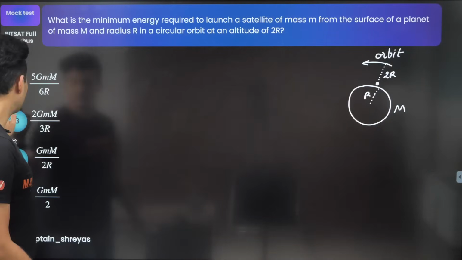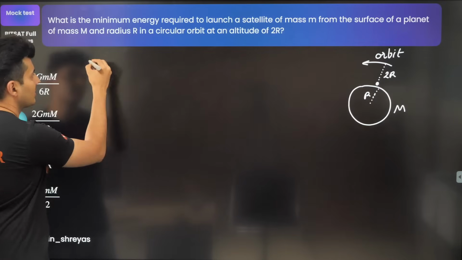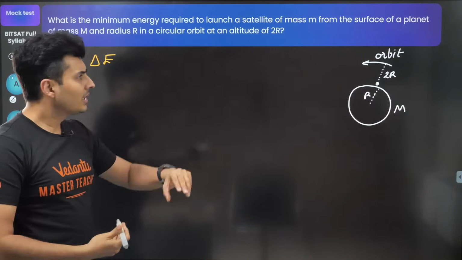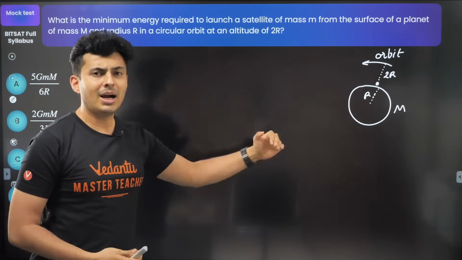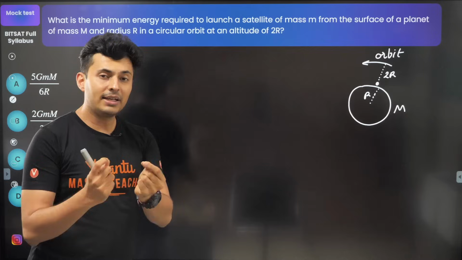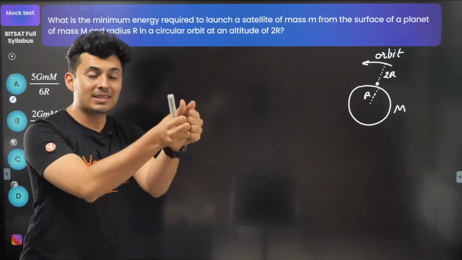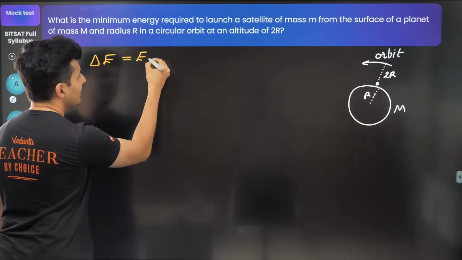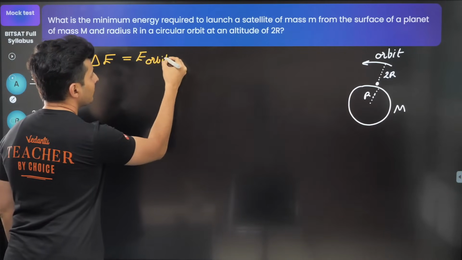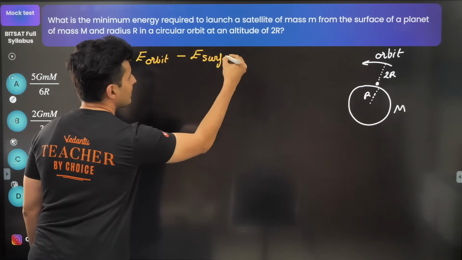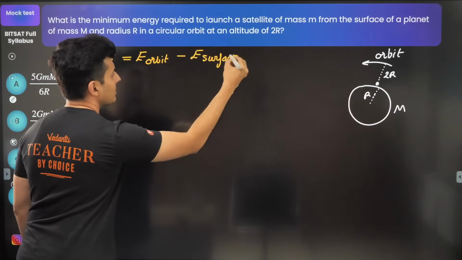The energy required to put it into the orbit will be the final energy of the satellite minus the initial energy. Obviously that energy difference will come from you, from the supplied energy. So it is the energy in the orbit, minus the energy of the satellite when it is on the surface, that is the initial energy.